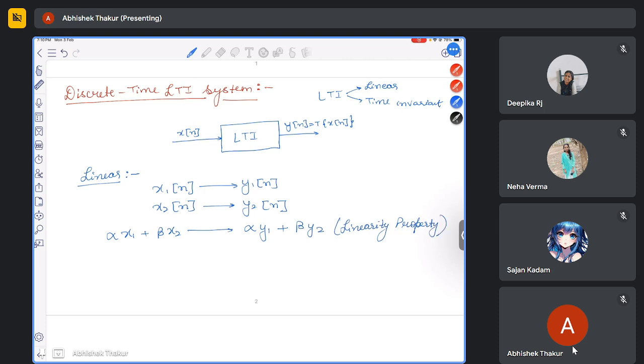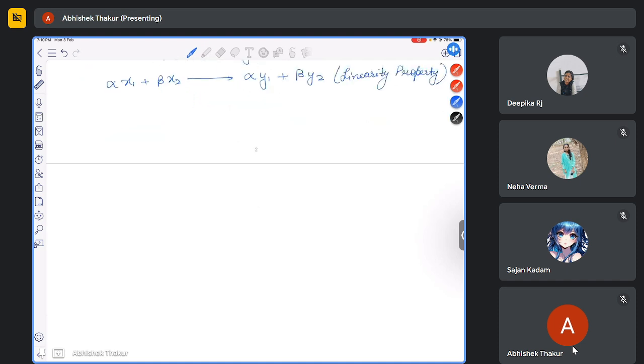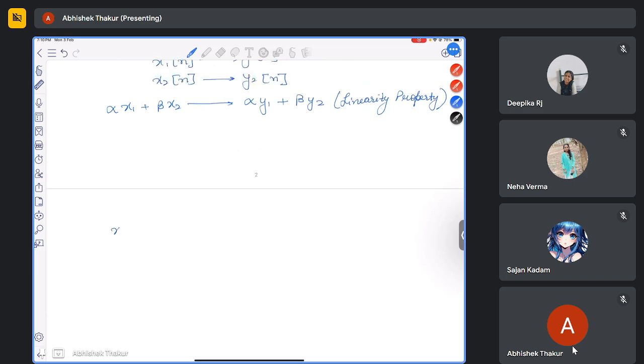Now second is the time invariance property. A system is time invariant if a shift in the input signal causes the same shift in the output signal. This means if the input signal is shifted by n naught units, then the output signal will also be shifted by n naught units. So let's take an example. First I will write time invariant.